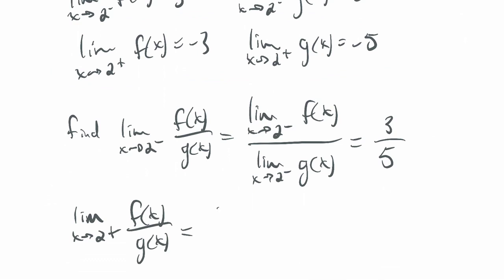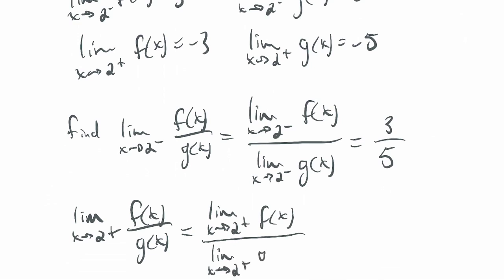The limit as x goes to 2 from the right of f of x over the limit as x goes to 2 from the right of g of x. That's going to be -3 over -5, which is 3/5.